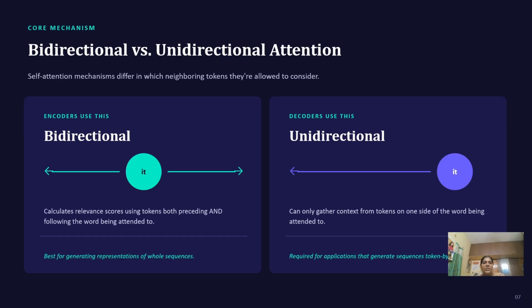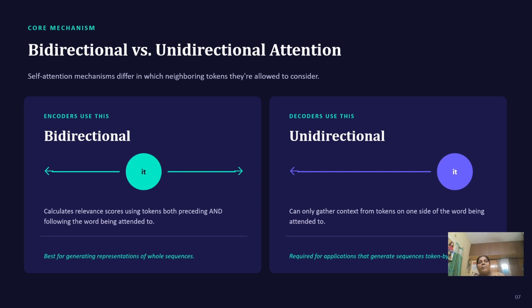Bidirectional attention is most probably used in encoder-type transformers, and unidirectional attention is computed in the decoder of a transformer model. Under unidirectional, they can only gather context from tokens on one side of the word being attended to.